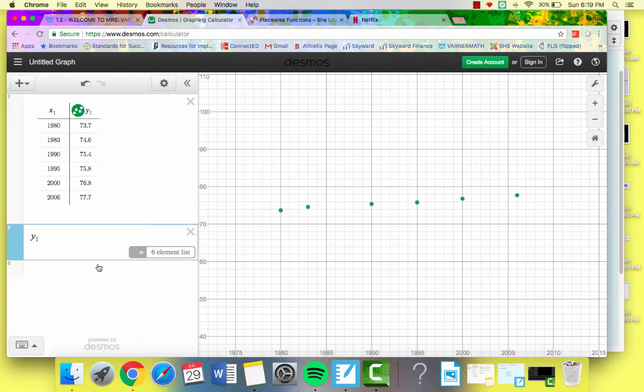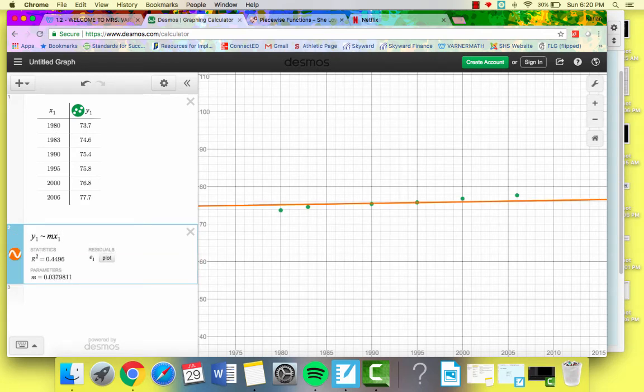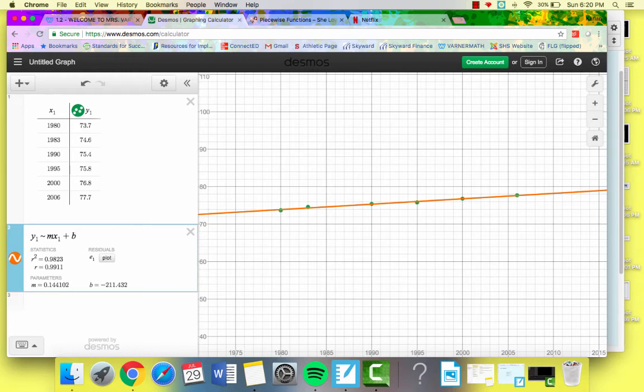And then instead of an equal sign, we're going to do this little symbol there on your calculator. And then the slope, so y equals m. And then instead of just x, we're going to use this column, so x1. So it's going to refer to these x values, and then plus b. So now what this did was come up with a regression line that was going to use this data to get as close to all the points as possible.